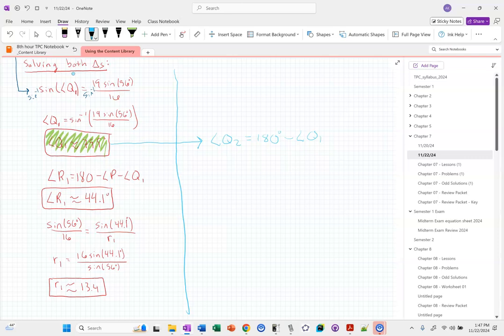So if I tried to do this starting with R1 instead of Q1, you get the wrong answers. It has to be the first angle you solve, the angle that's opposite the other side, the OS. So when I type that into my calculator, I get that Q2 is about 100.1.